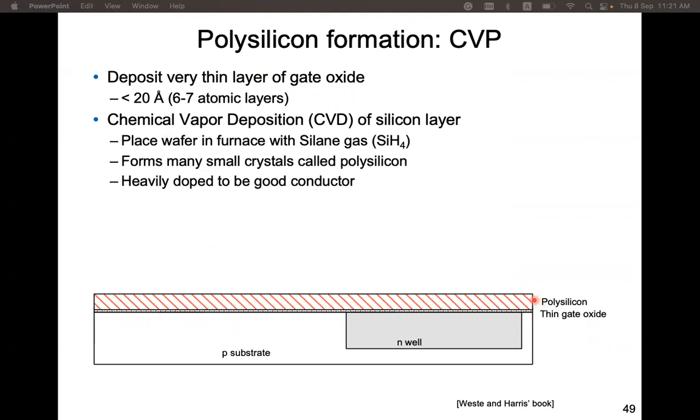Then we deposit through a process called chemical vapor deposition. So this process can deposit polysilicon on top or on the entire wafer. And this is an even layer, not patterned yet. And this gate layer is heavily doped to provide high conductivity.